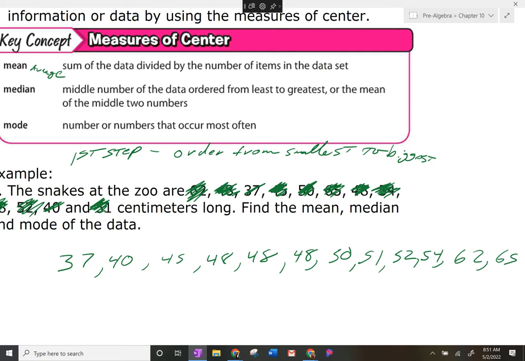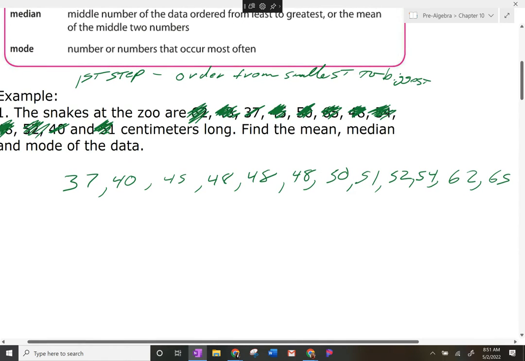Again, big list. I got 37, 40, 45, 48, 48, 48, 50, 51, 52, 54, 56, 62, 65. I did every single one of those numbers in order with your help, which I appreciate.